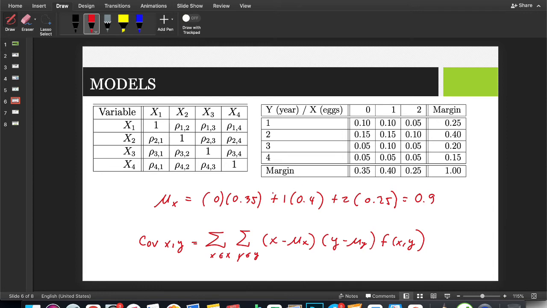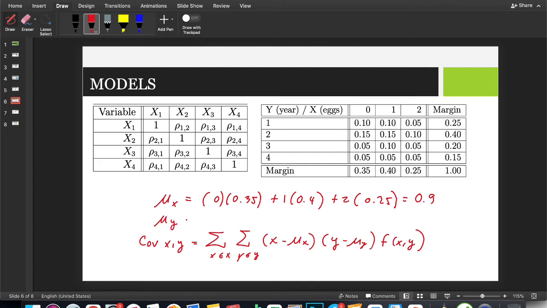So where did we get these numbers? That's basically 0 multiplied by this one, 1 multiplied by this one, and 2 multiplied by this one. Okay, so we are actually getting the marginal distribution of eggs. Okay, the marginal mean number.